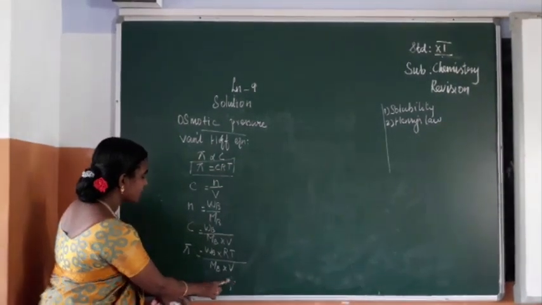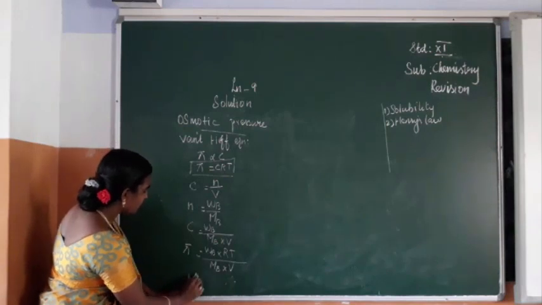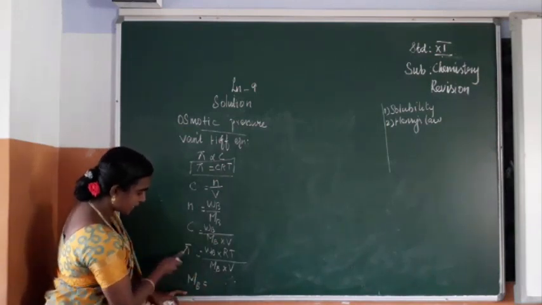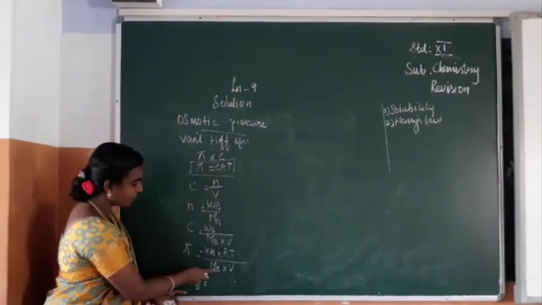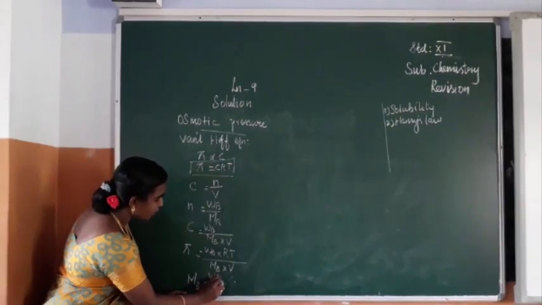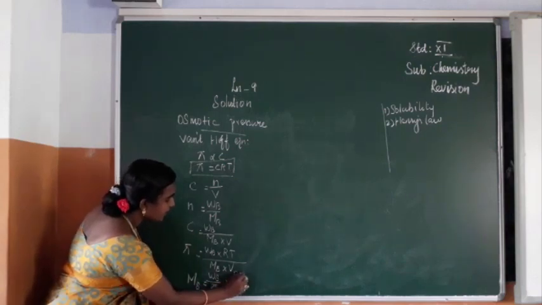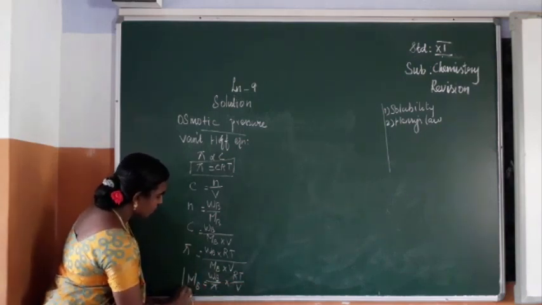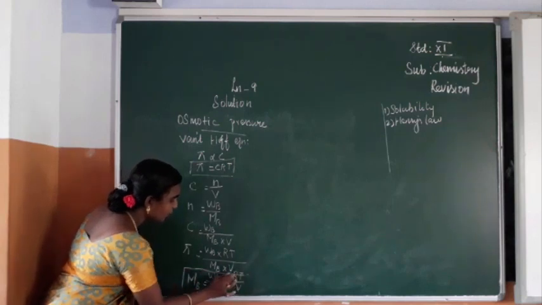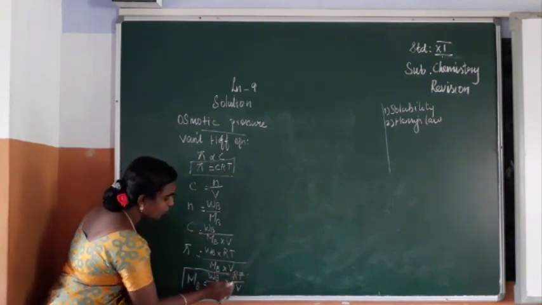When I rearrange, Mb is equal to Wb into RT divided by pi into V. So this equation will give the molar mass of the solute.